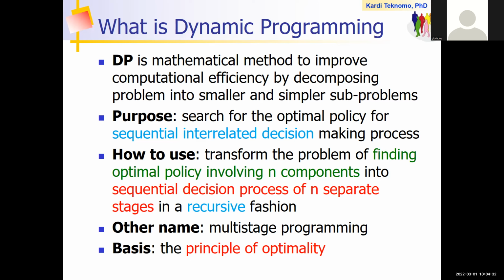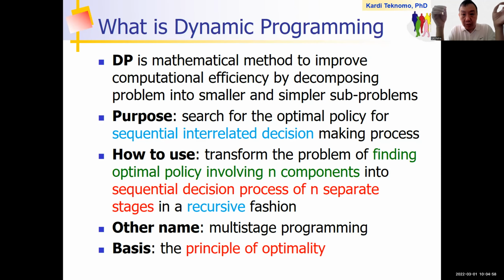So that is the basic idea of dynamic programming. The purpose is to search for the optimal policy for sequential interrelated decisions. So you can imagine, you can abstract things into sequential interrelated decisions.